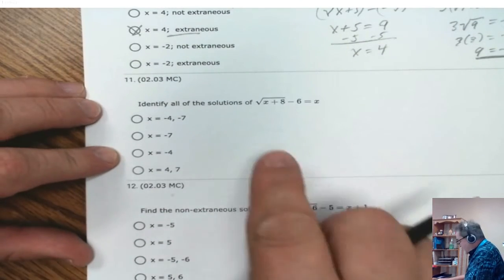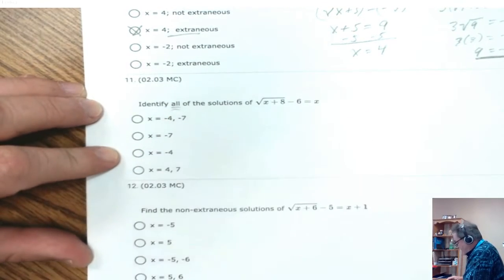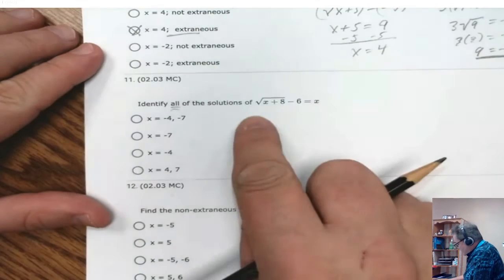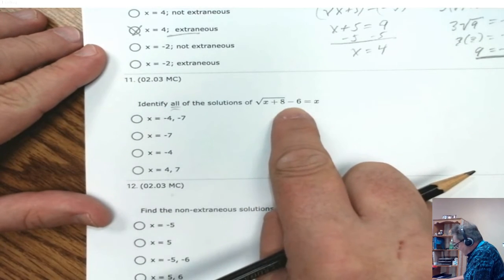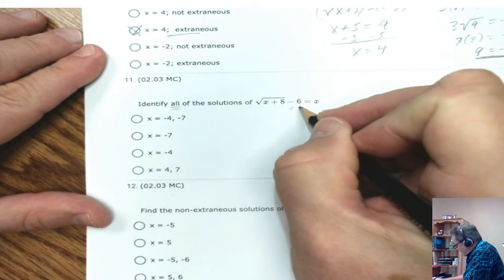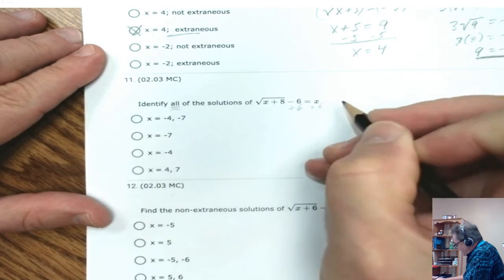All right, identify all. Well, that gives a hint. There's probably more than one. Solutions of the square root of x plus 8 minus 6 equals x. So again, let's get the radical by itself. Plus 6.